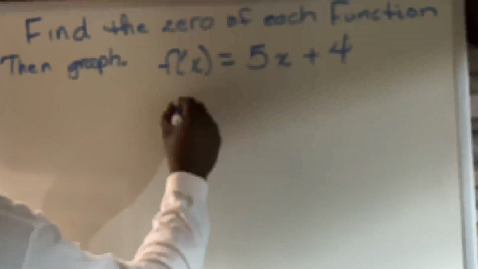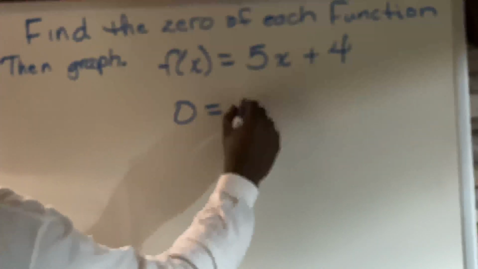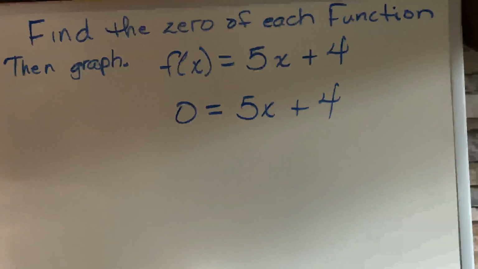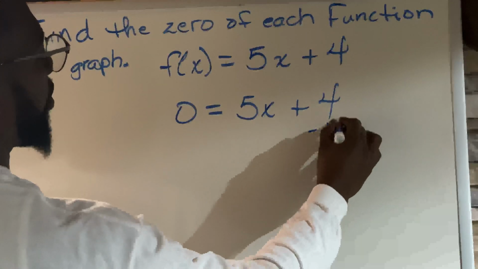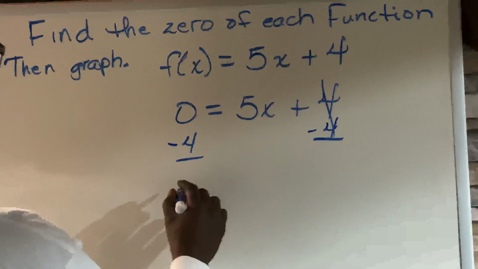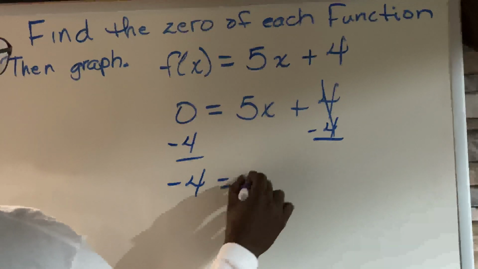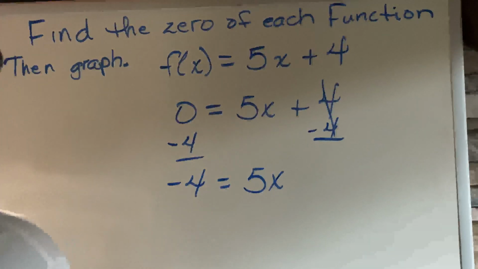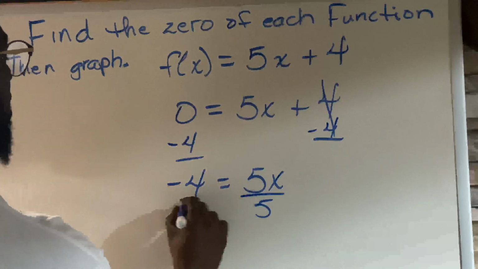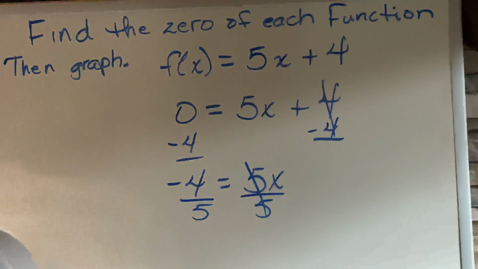So we have 0 equals 5x plus 4, and then we would solve. Subtract 4, so negative 4 equals 5x. We would divide by 5 on both sides. So the zero of this function would be negative 4/5.